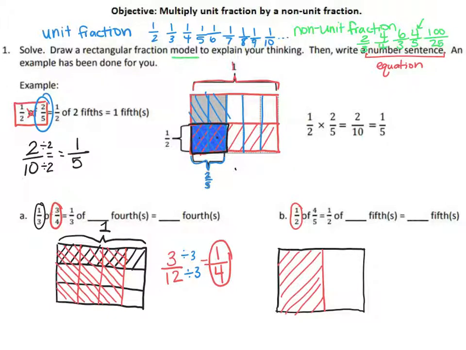Then I'm going to look and take it times 4/5. So I know I need to split my box the other way into fifths. 1, 2, 3, 4, 5. And I need to shade 4 of those fifths. 1, 2, 3, 4.